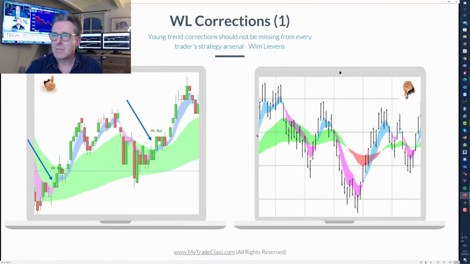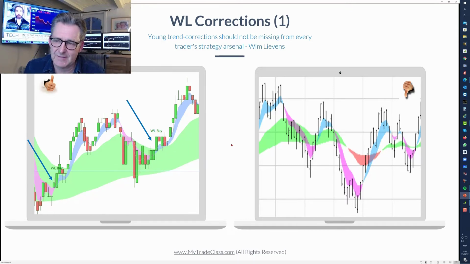Now, you see here, clear example, green going upwards. You see that the momentum is going down. You see the magenta, and then the magenta becomes blue again. That is a buying signal. That is one that I like to do.